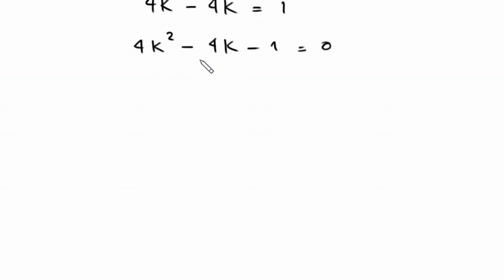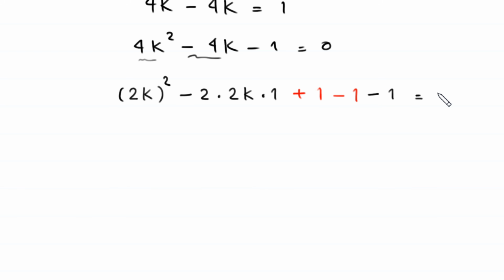Now this is a quadratic equation and can be solved by completing the square. We can rewrite this 4k squared as 2k whole squared, and we can rewrite this negative 4k as negative 2 times 2k times 1. It means that to complete the square we add here 1 and we subtract 1, and this remaining negative 1 is equal to 0.